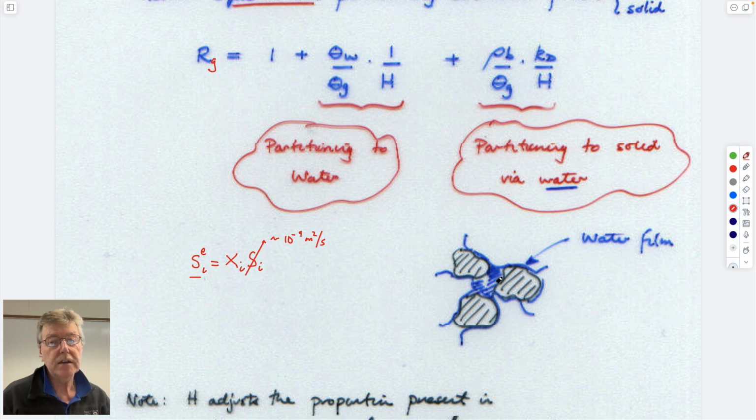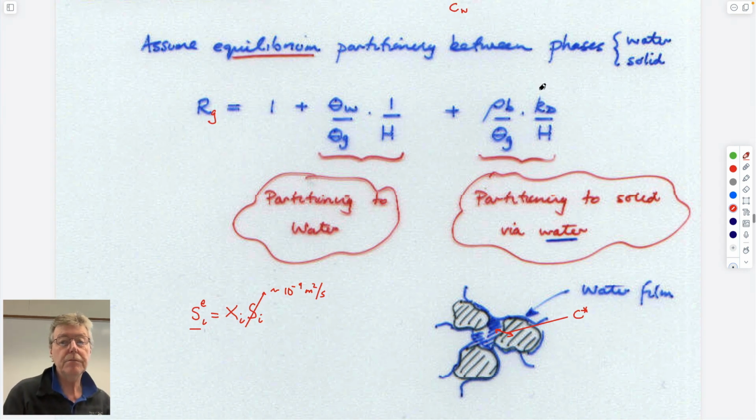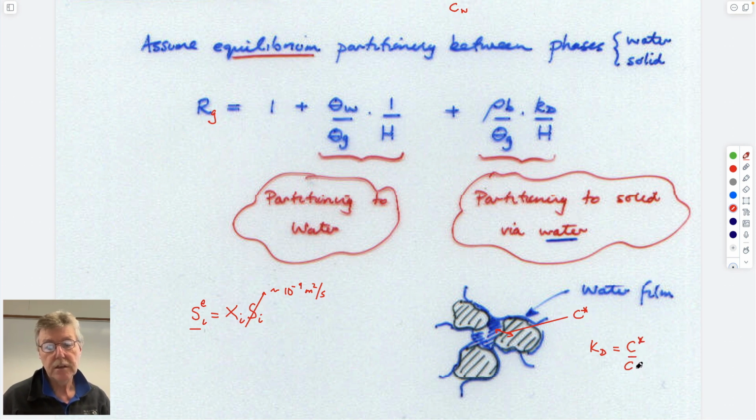And so the way that retardation is usually computed is that you assume there's an equilibrium between the solid grain and the water. This is what we've called before C star, on the solid. That is governed by KD. Remember that the KD distribution coefficient was equal to the concentration on the solid relative to the concentration in the water, by definition.